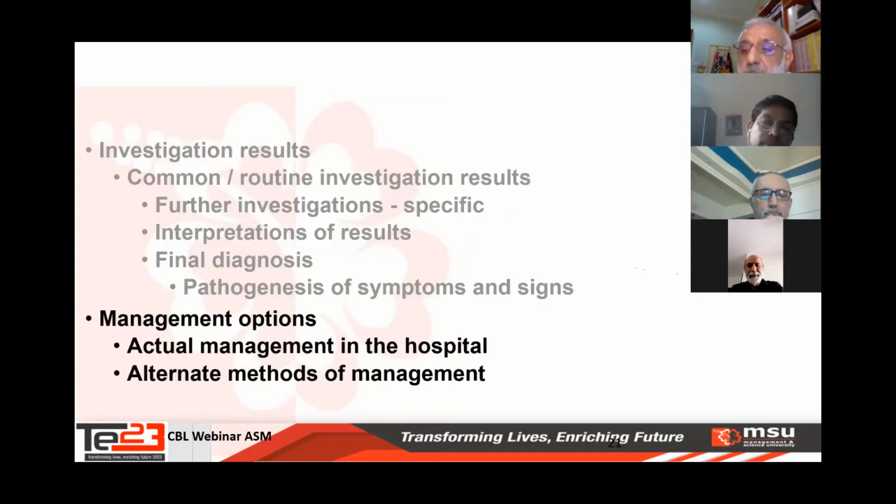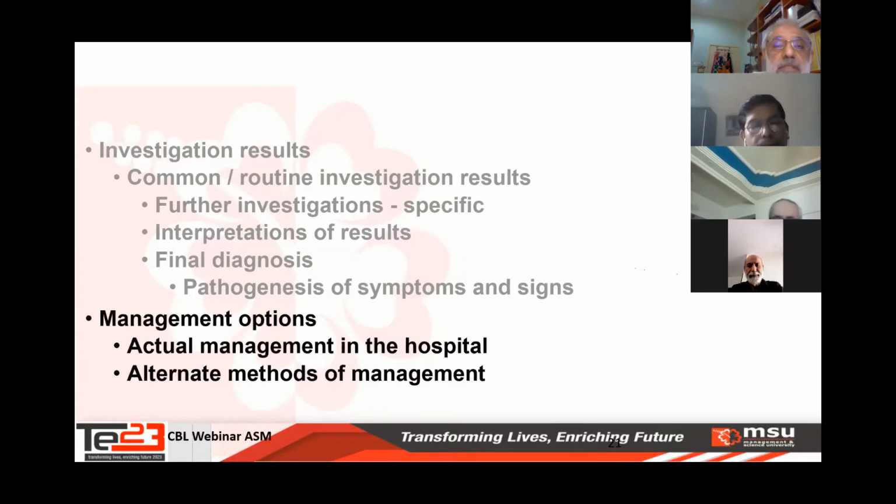And then the last student can present the actual management, what was done in the hospital, and we can discuss the alternate methods of management. We can also discuss the latest information in the literature about that particular case.